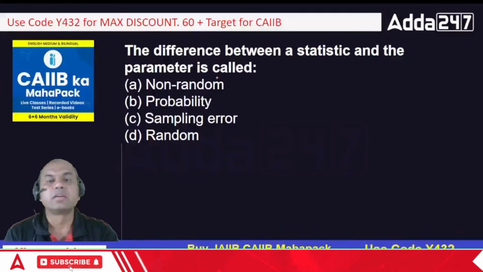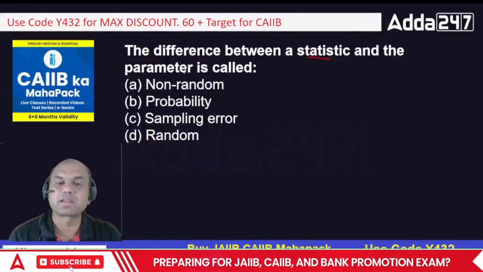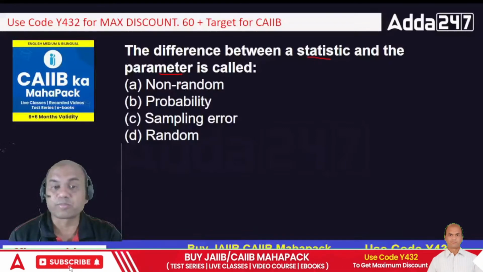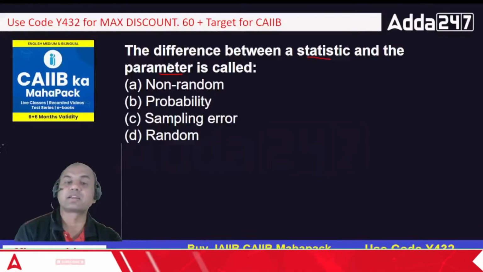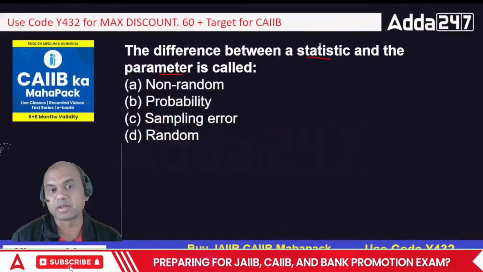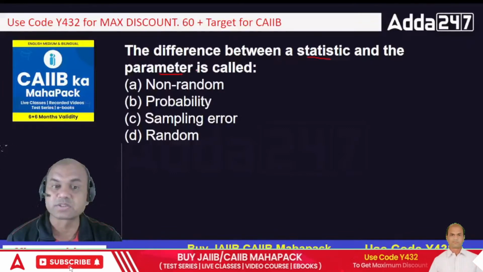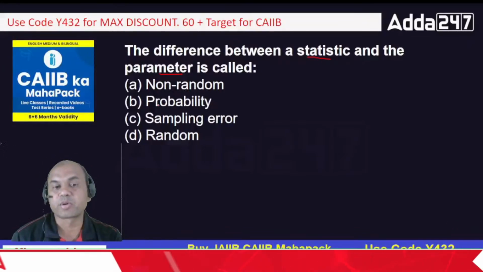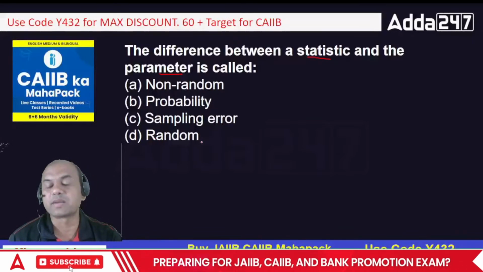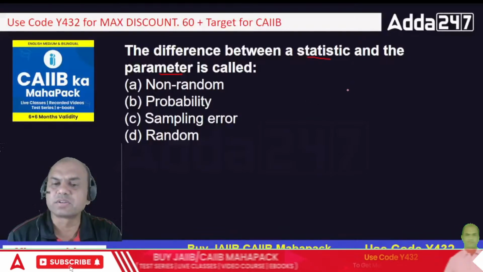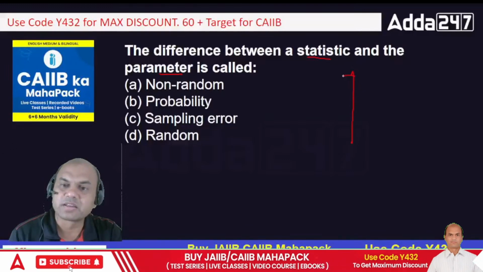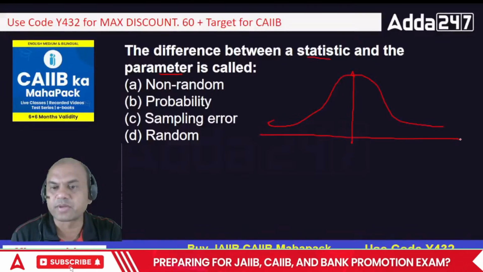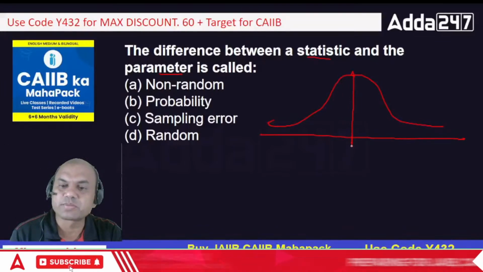The difference between statistic and parameter, I just explained it. The question is about the difference between sample and population: what is that called? Non-random sampling, probability, sampling error, or random sampling. Let me explain again. This is a normal distribution curve, equal on all sides. This is the population mean, mu.